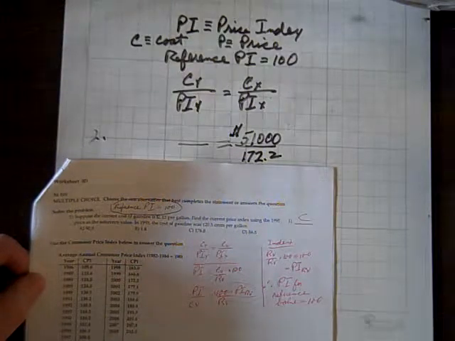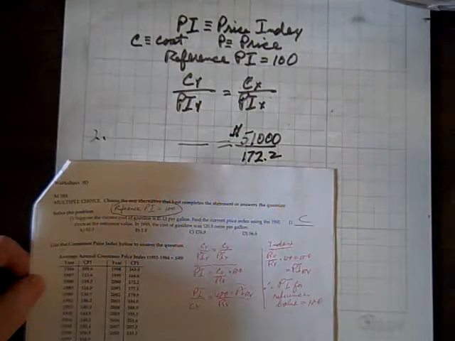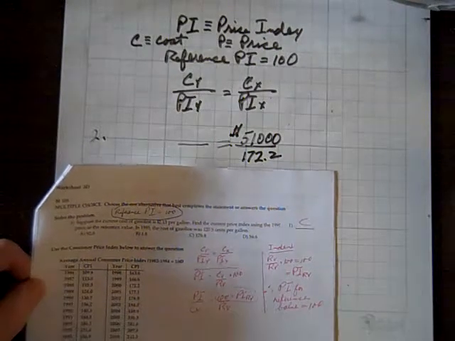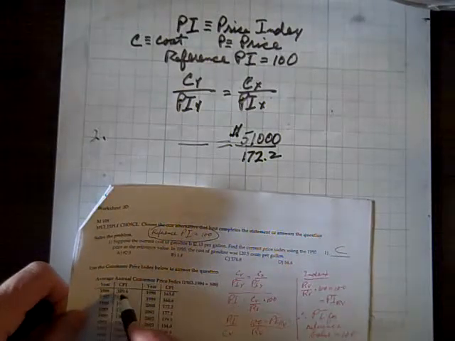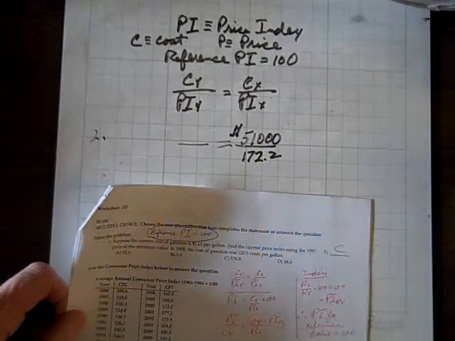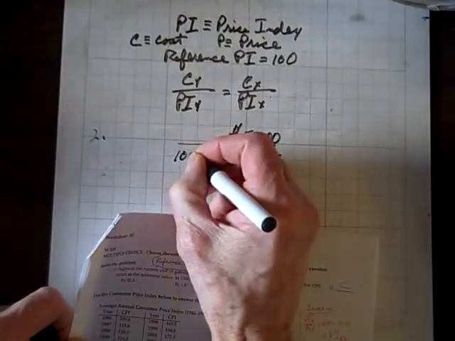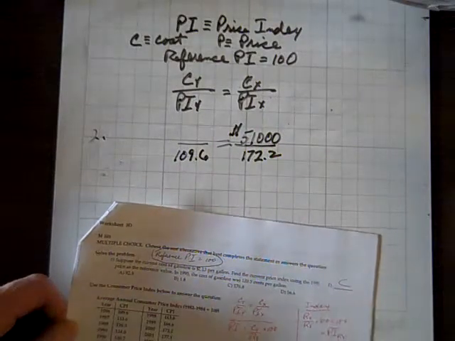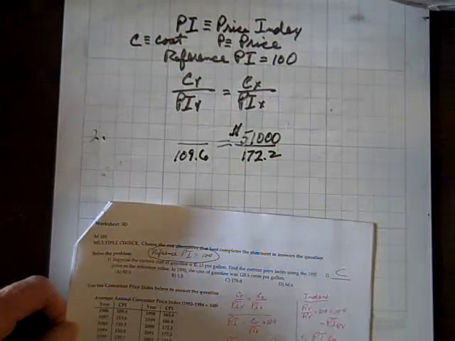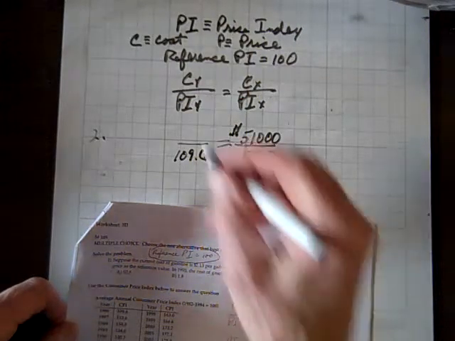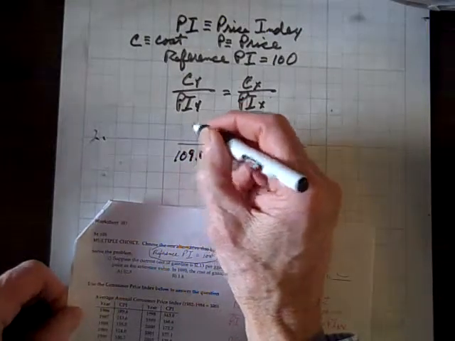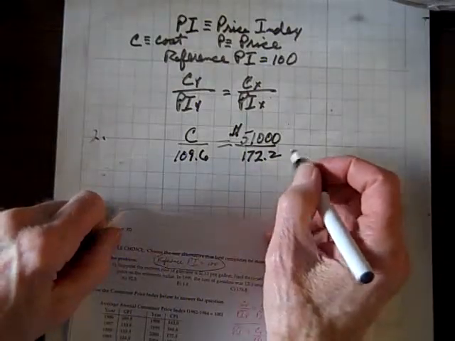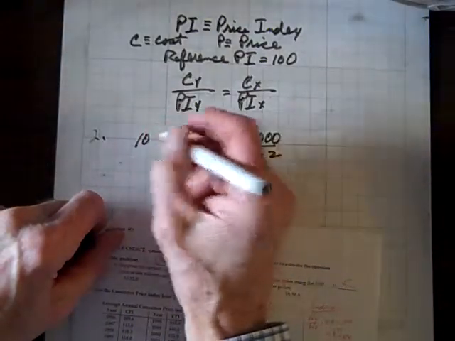And we need to know how much we would have had to make in 1986 to equate to that. So the consumer price index for 1986 is 109.6. And so we need to know how much we would have to have. I'll just call it C. Now to isolate C, we'll multiply both sides by 109.6.